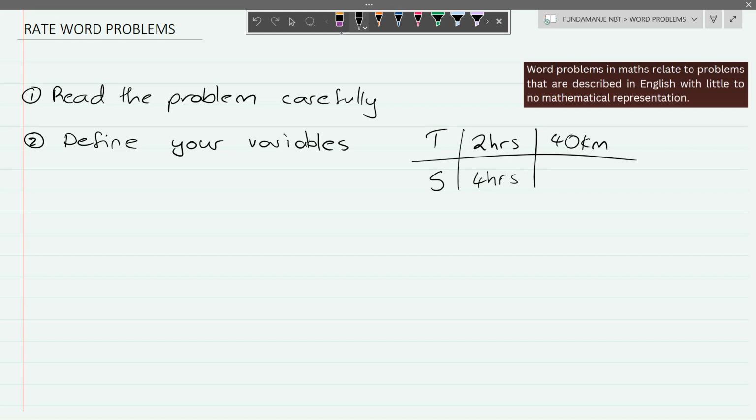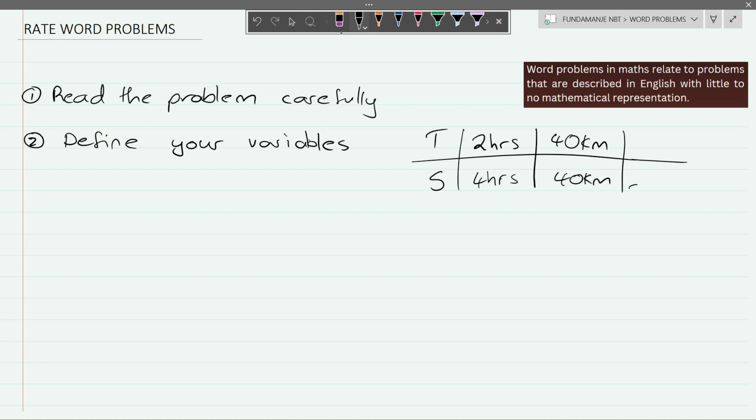And then they take twice as long to cover the distance. So that same distance, 40 kilometers. And then they would ask you, calculate the difference in speed between Sarah and Thabo.